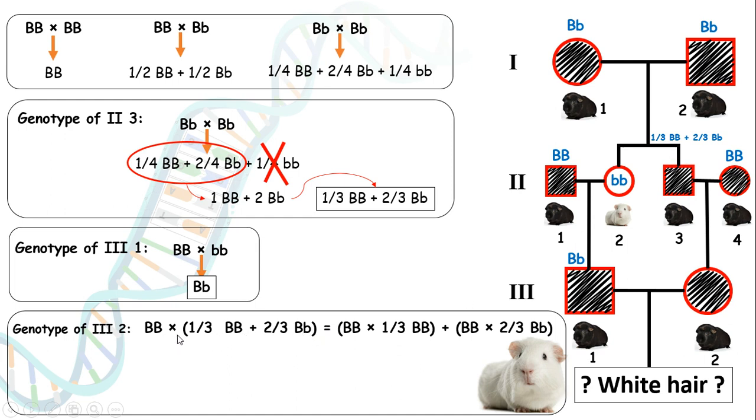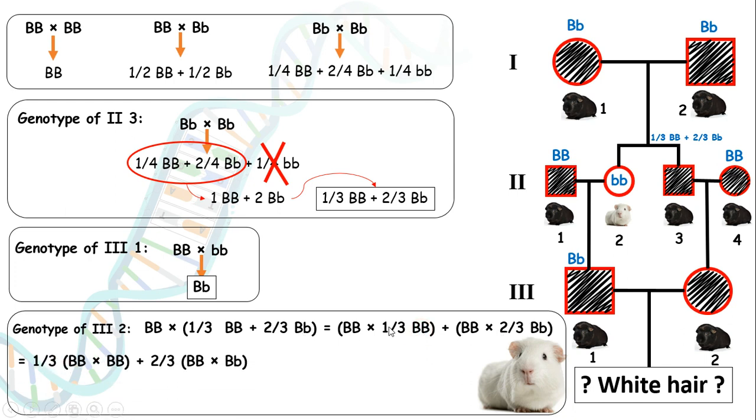So we just need to consider capital B capital B with 1/3 of capital B capital B here, plus capital B capital B with 2/3 of the heterozygous genotype, means capital B small b.